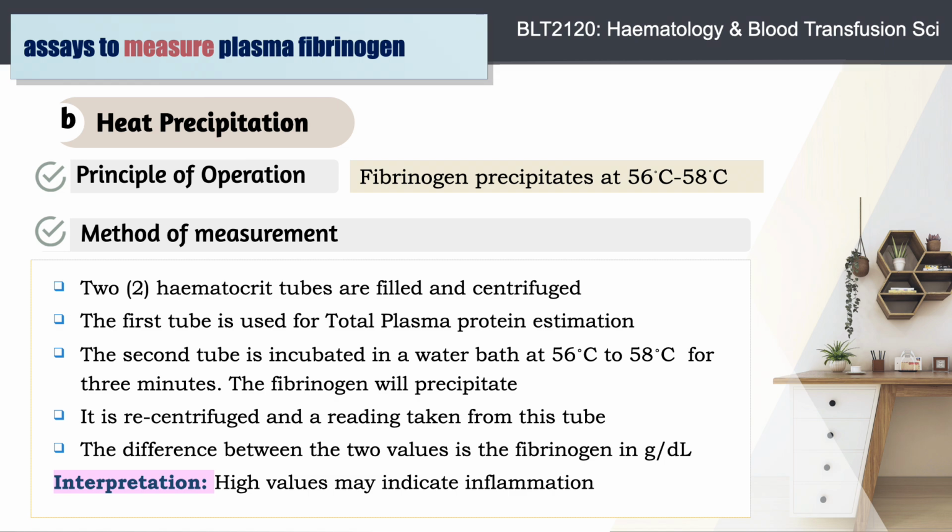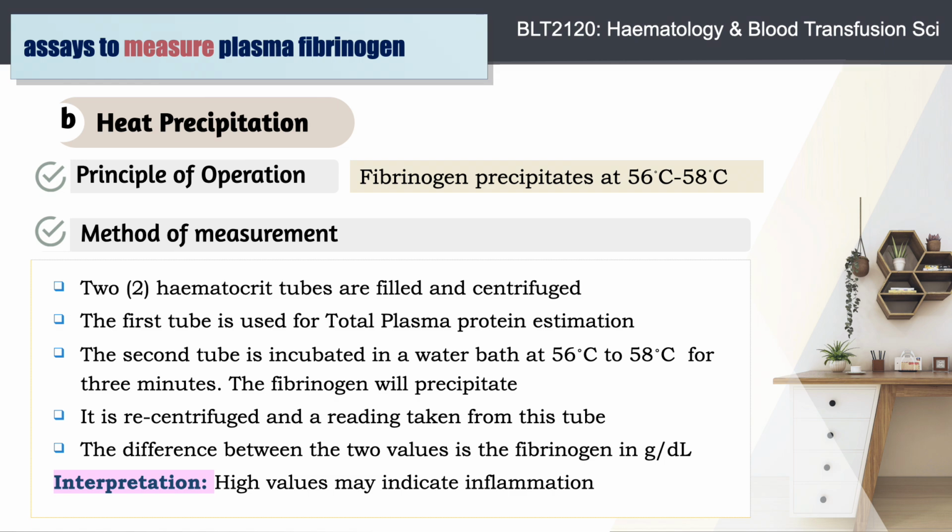The difference between the two values, that is the one for total plasma protein and the tube that has been incubated and recentrifuged, gives us fibrinogen in grams per deciliter.